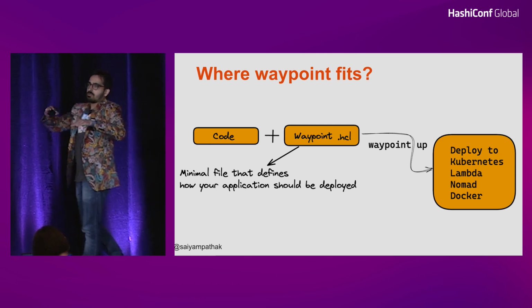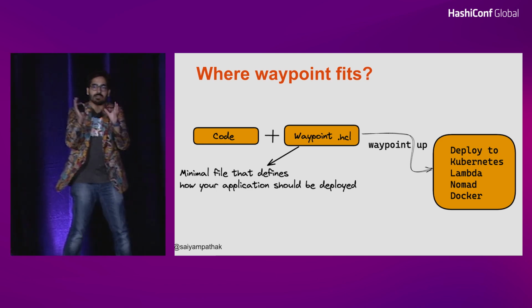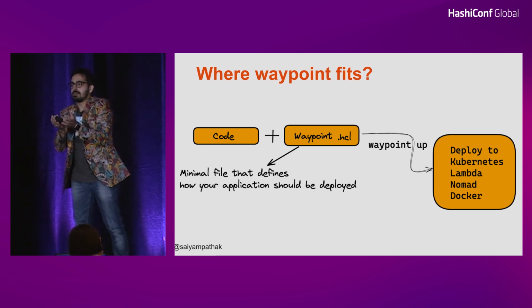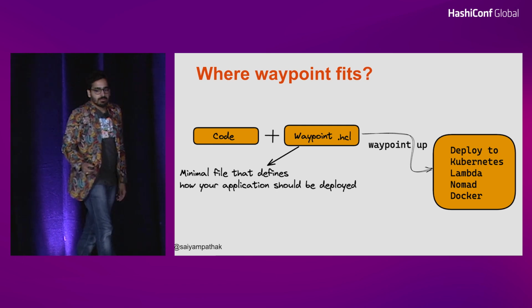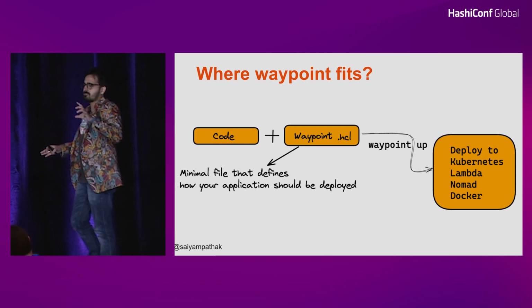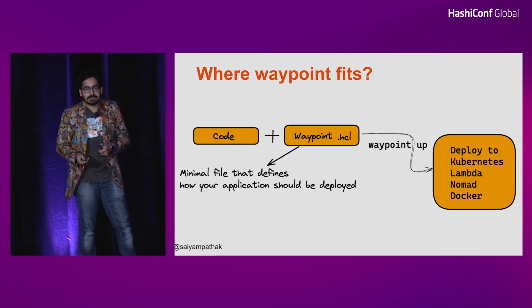So your tooling has become one. You are only using Waypoint now for building, deploying, and releasing your application to different platforms. So everything you will be defining in the waypoint.hcl file. That is the structure. We'll be discussing that more later on, but that's where Waypoint fits in.